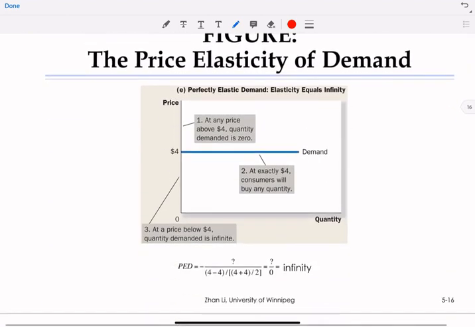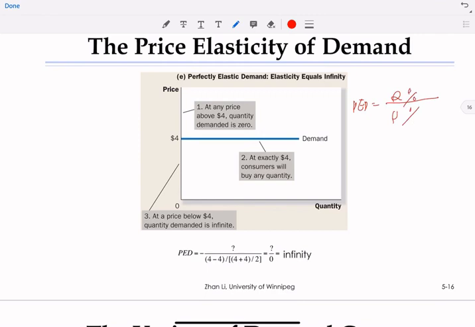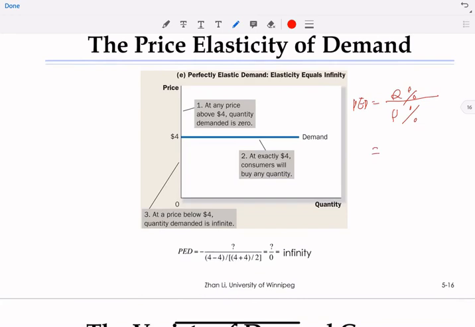Okay, the last one. So this one is the percentage change in quantity divided by the percentage change in price. But you can see that when you're having a horizontal demand curve, the price stays at 4, which means the percentage change in price is always 0.